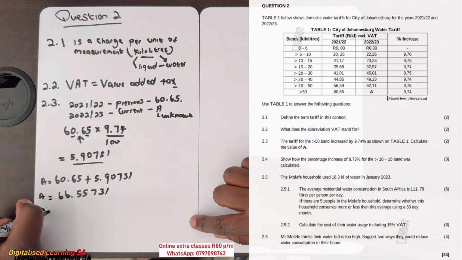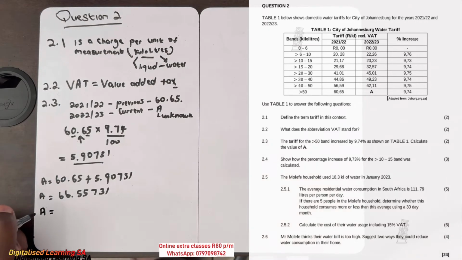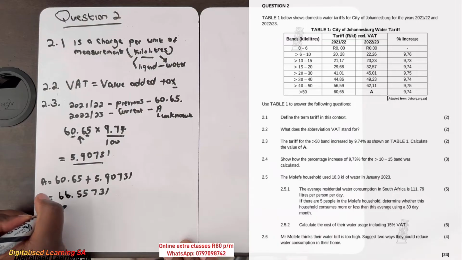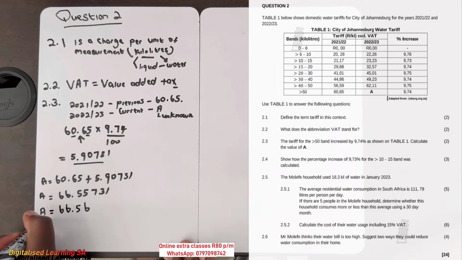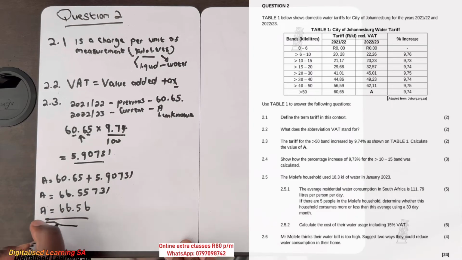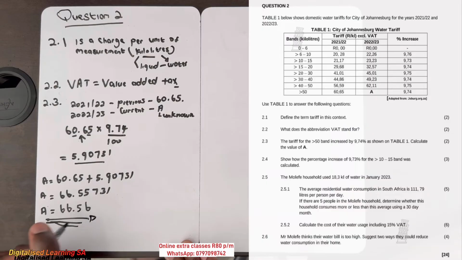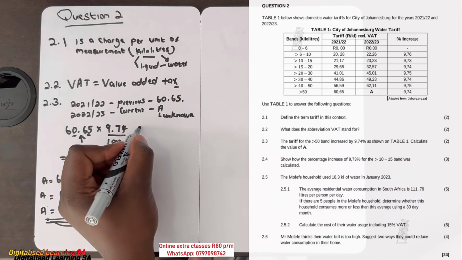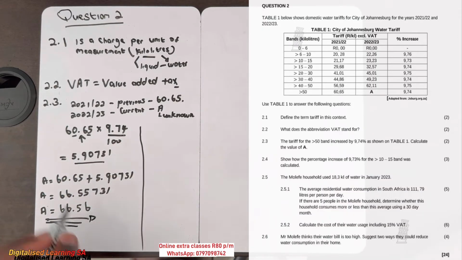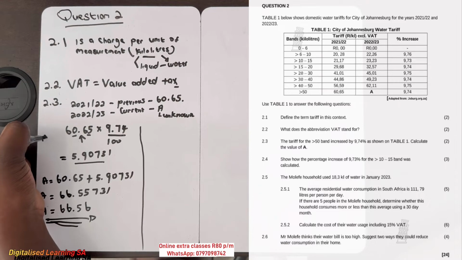If we round to 2 decimal places, we will have 66.56. So this is the first method that you can use to calculate the value of A. This is method 1.